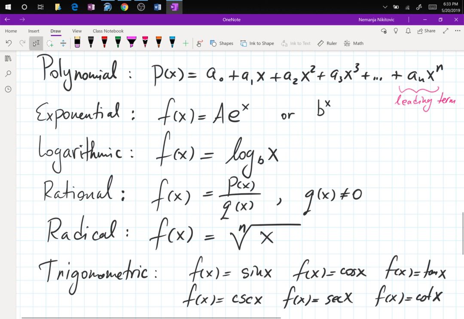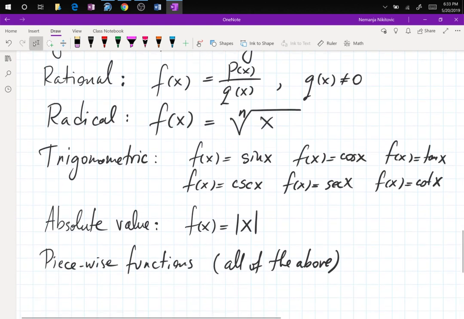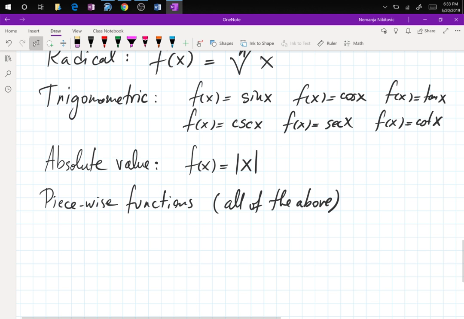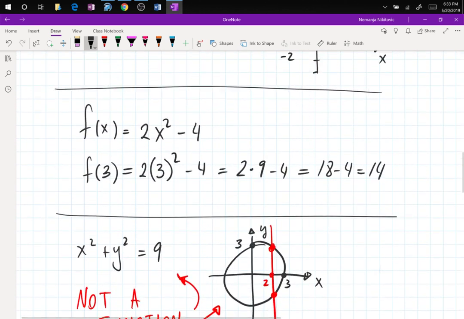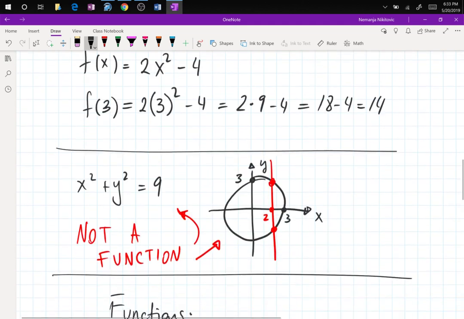So, polynomial, exponential, logarithmic, rational, radical, 6 trigonometric ones, and then absolute value, and then piecewise functions at the end. So now what do we want to do with these? Well, we first want to know how to compute values, which is what we did with polynomials over here.